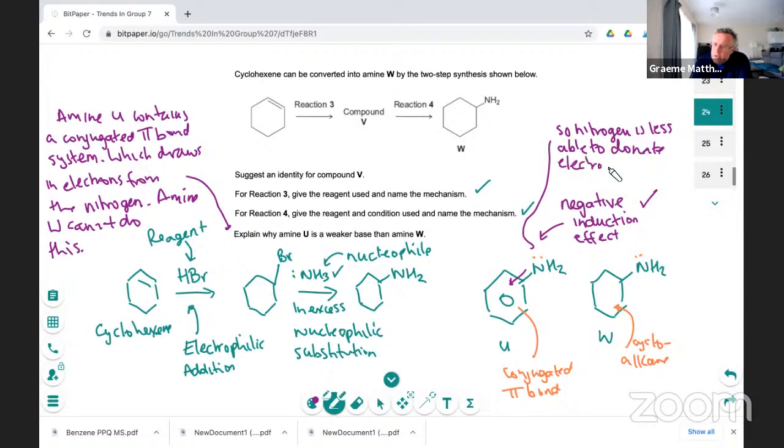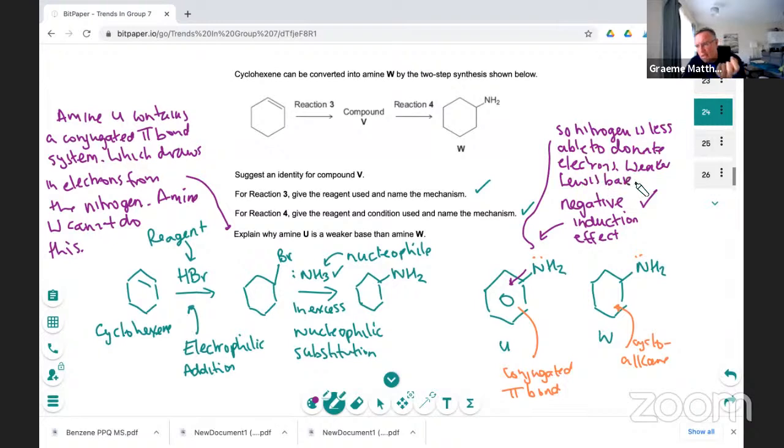And if you're thinking Lewis acid and Lewis base, isn't a Lewis base a species that can donate electrons? And so you're thinking, it's going to be a weaker Lewis base. Now, you see that bit there, chemists?